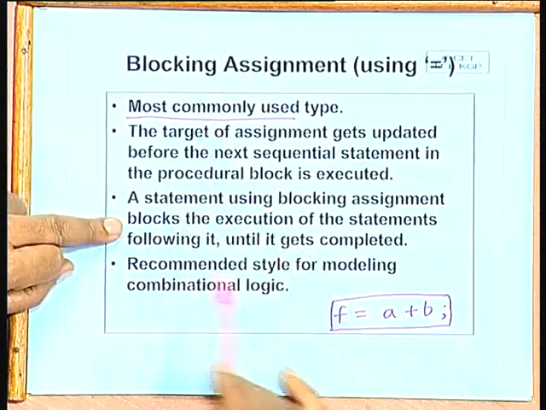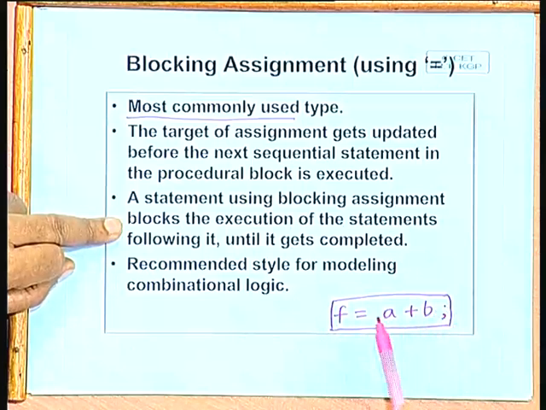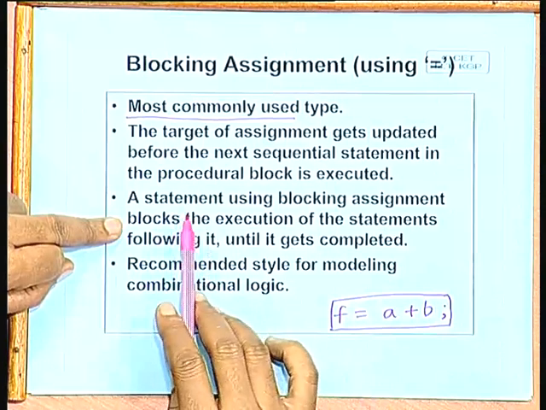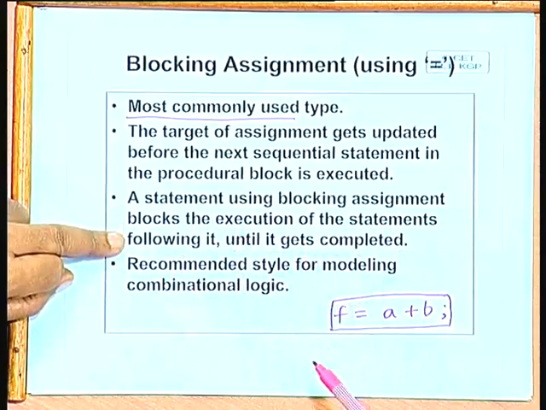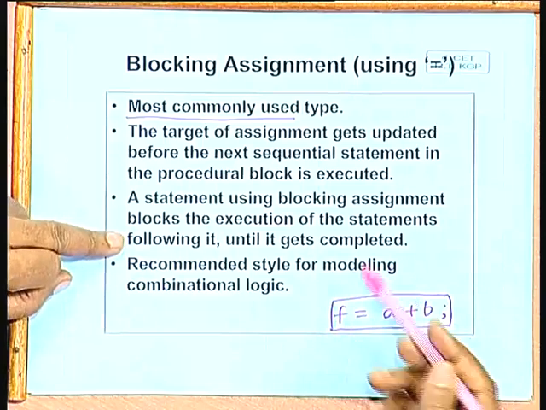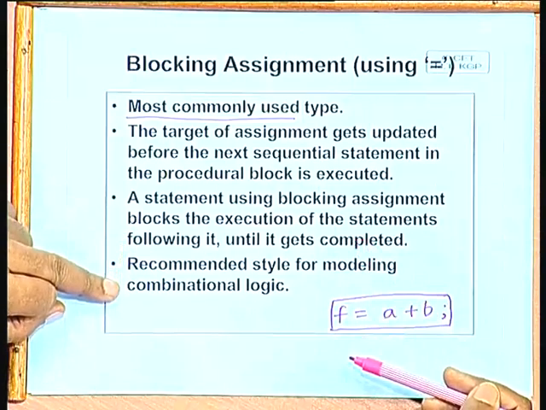It is called blocking because one statement blocks the execution of all statements that follow. A statement using blocking assignment blocks the execution of the statements following it. As soon as it completes, only then will the instructions that follow start.